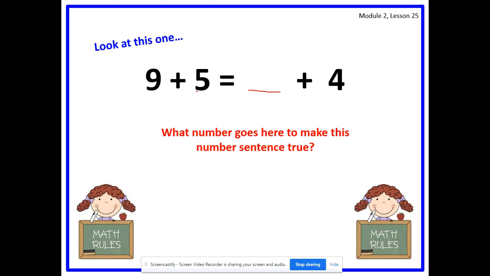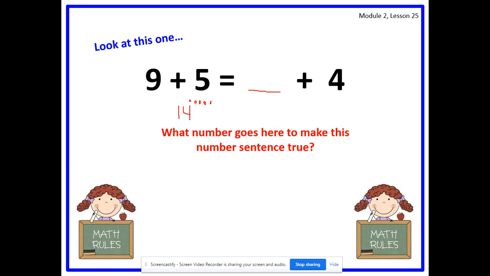What's 9 plus 5? If you don't know off the top of your head, remember, always use the count on strategy. We have 5, so you can draw 5 dots. 1, 2, 3, 4, 5. And then let's count on from 9. Ready? 9, 10, 11, 12, 13, 14. So it's 9 plus 5. Get ready? Yes, 14.